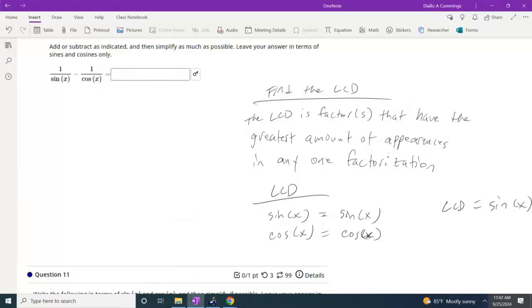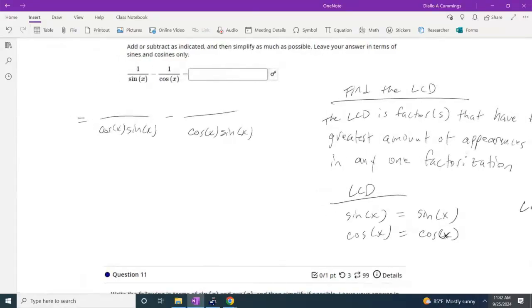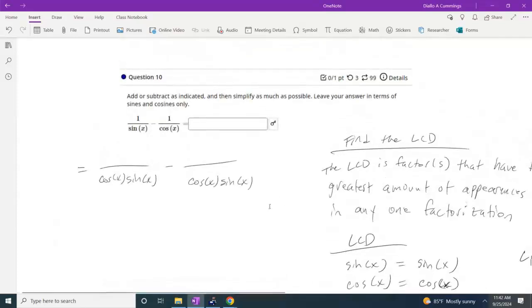All right, so I'm going to make equivalent fractions. If I look at my least common denominator and my first term, this sine was multiplied by what to get the least common denominator?